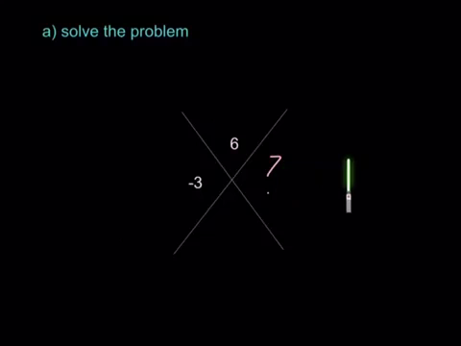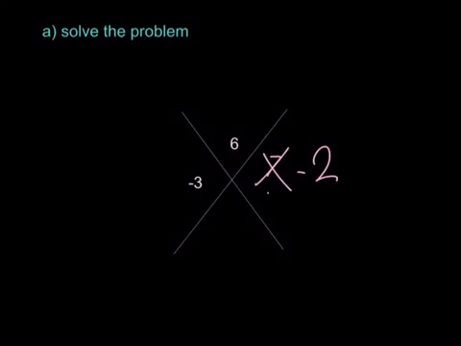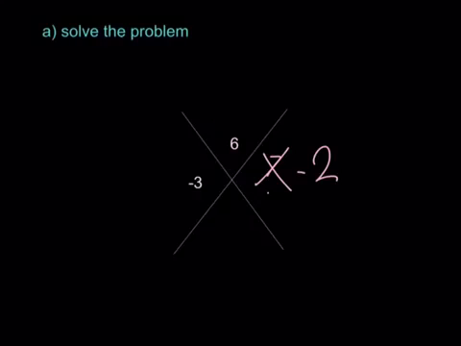Well, a negative times a negative is always a positive. So -3 times -2 equals 6. Added together, this would be -5.